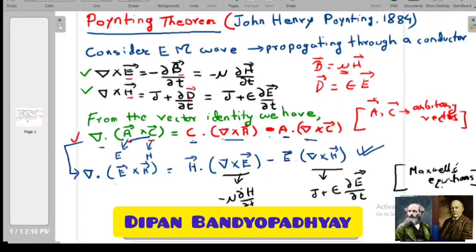So I can rewrite this equation like this.